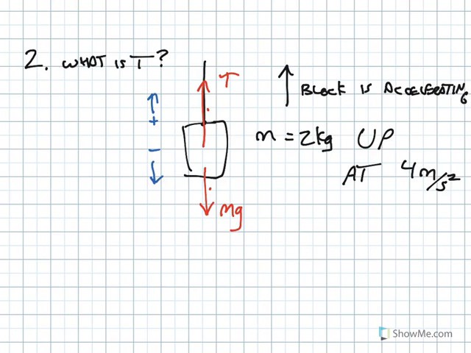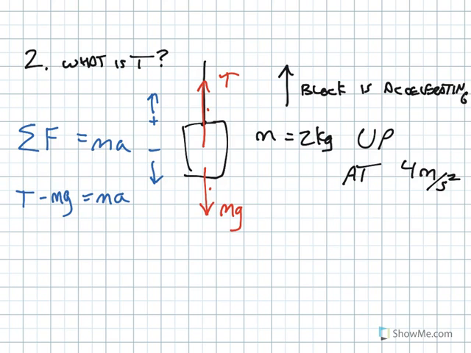Now I'm going to write good old Newton's second law. Net force is ma. So the left side of this equation is going to look the same as it did previously. There's T acting up, mg is acting down. The difference now is that a is not 0.